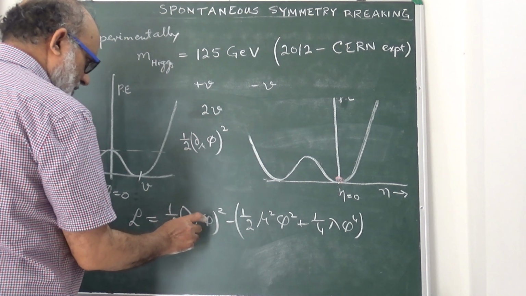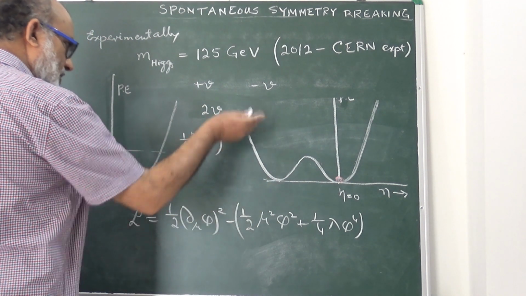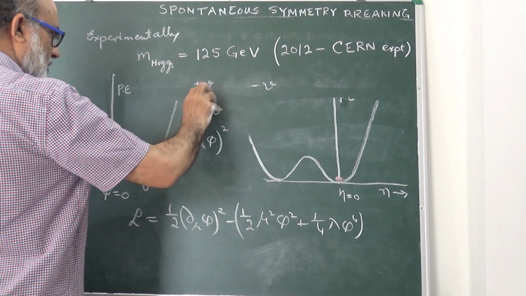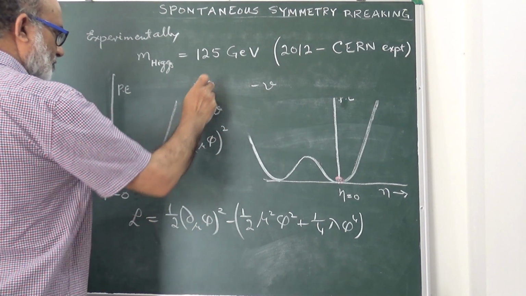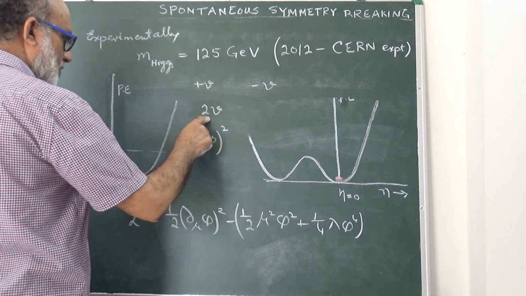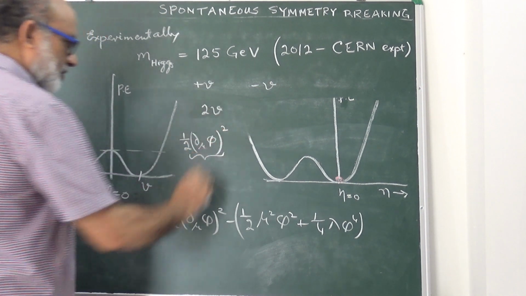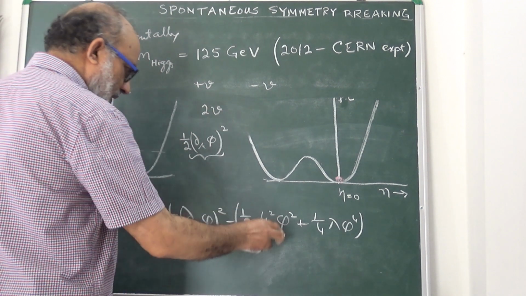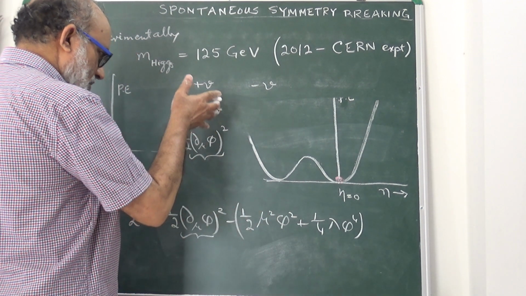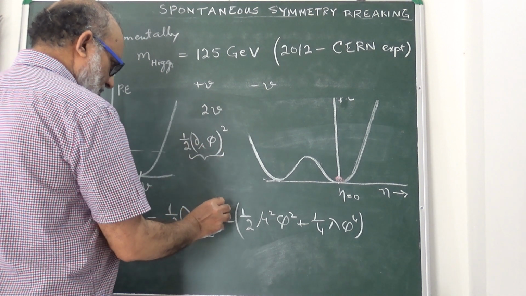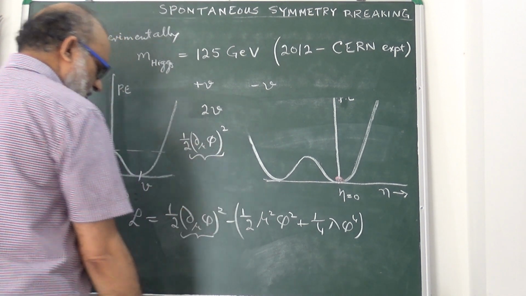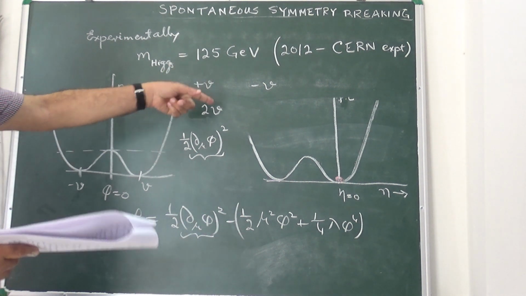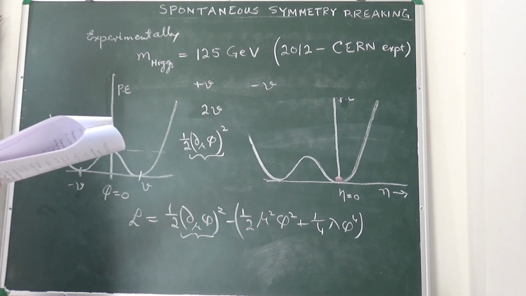So if we take different values of v at different positions, then the change in the v value at two points from plus v to minus v will make the kinetic energy part very large, and we want this to be minimized. So it's judicious to take one value of v, either plus v or minus v.